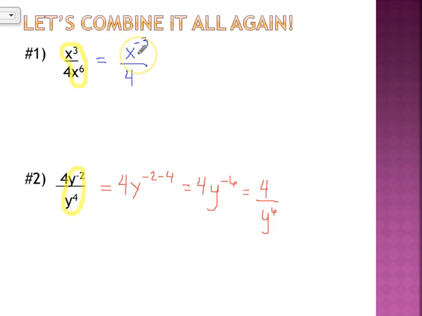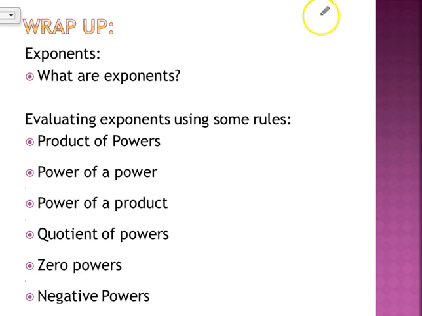Now, how do we make that negative exponent become positive? We're going to throw it on the bottom. We're going to say 1 over 4x to the 3rd. I had to put a 1 there because, remember, x to the negative 3 is really over 1. So we're going to put that 1 on the top. And that's that. I'm going to go to the next slide and wrap up.